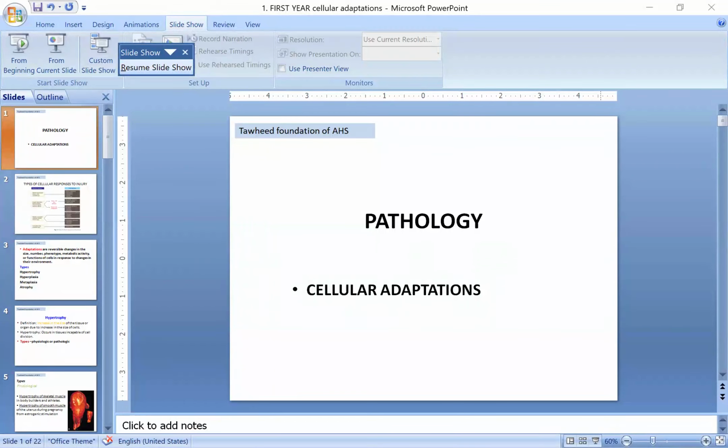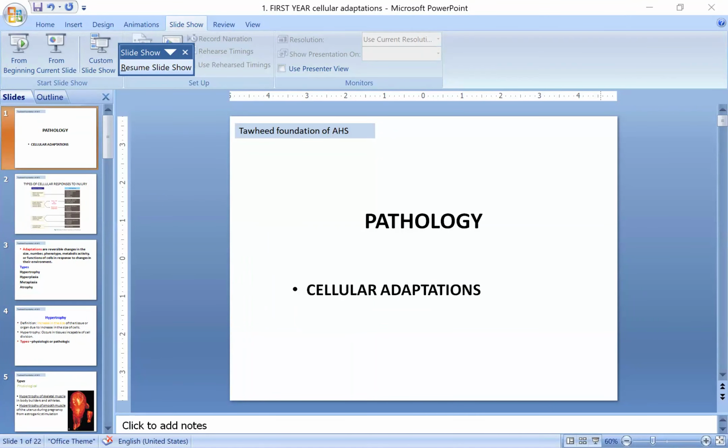So if you see, the response will be based on the nature of the stimulus or the severity of the injury.